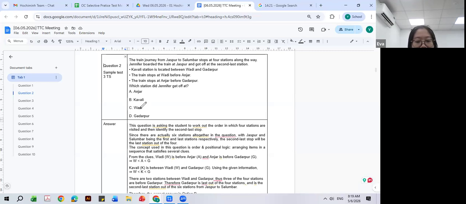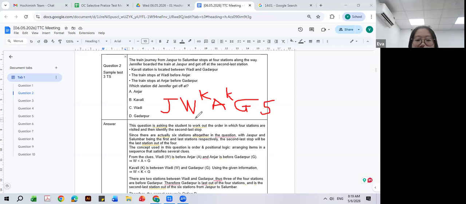So we have one here, then the Anja and the Gadapur here. And from the first clue, we have Kadavi located between Guwahati and Gadapur, so we can put Kadavi here, and finally we will put the Jaspur and Salamba here.